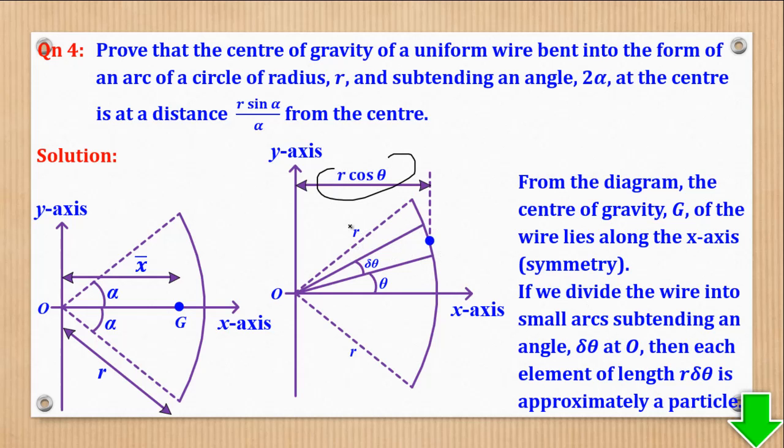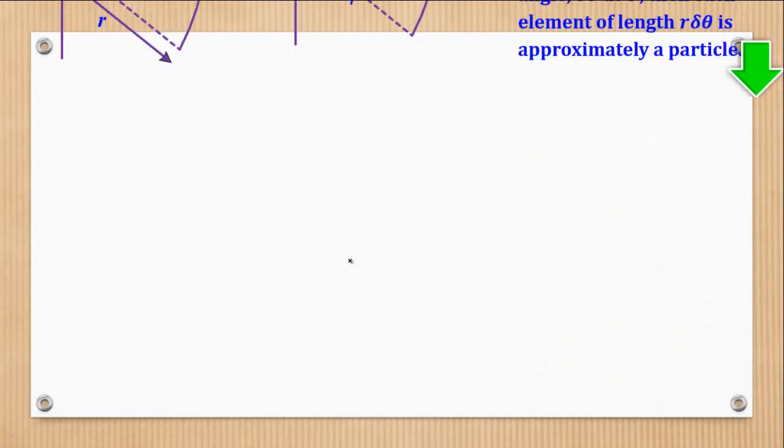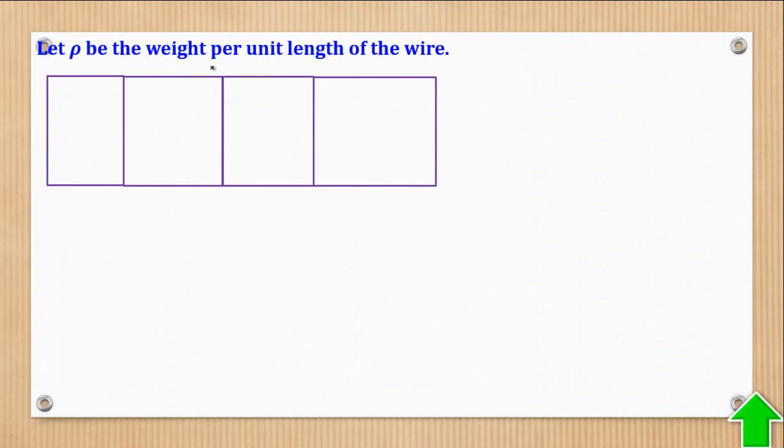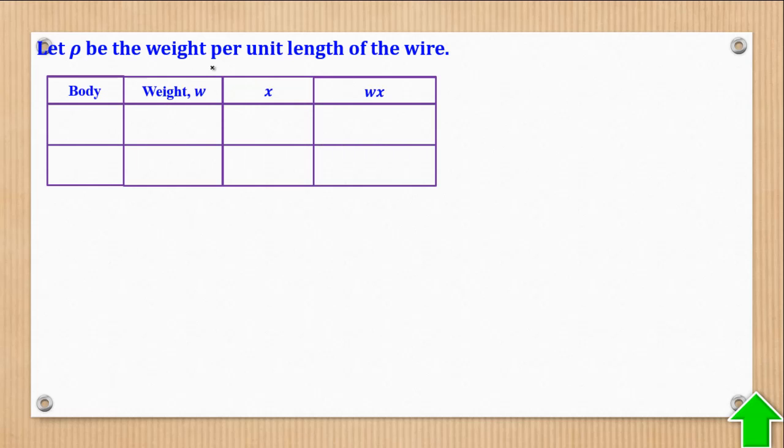Now this one, I've just resolved this radius to give you this. Then this one is r times small change in theta. So let rho be the weight per unit length of the wire. Then you come and tabulate something. So the element, we have that, length times weight, then x coordinate and the product. Then for the whole arc, we have that, then that, and then apply the 2.